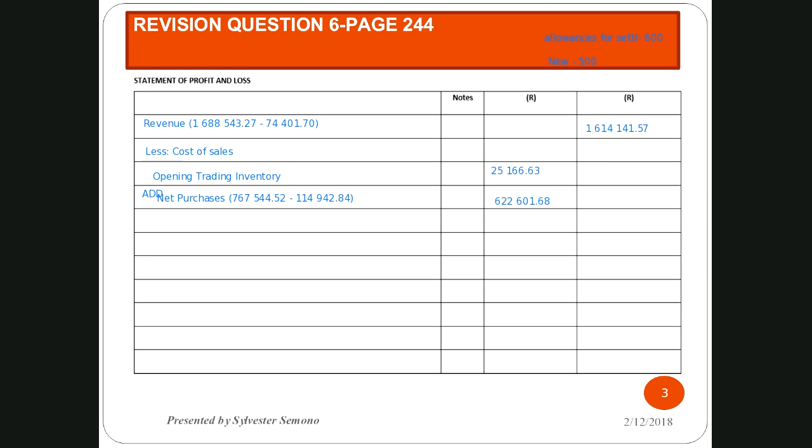Sorry, maybe I made a mistake. My railage inwards is what? Okay, thank you very much for that. It's 12,519.25.